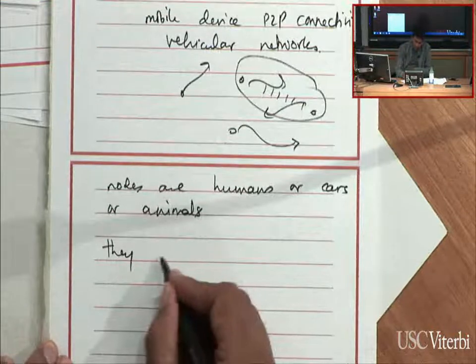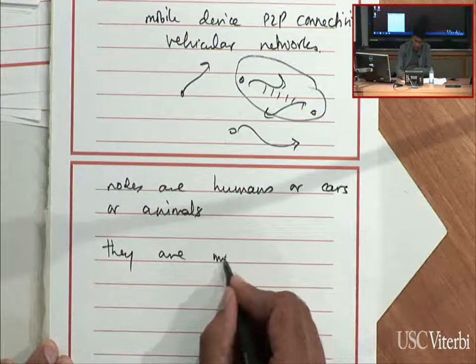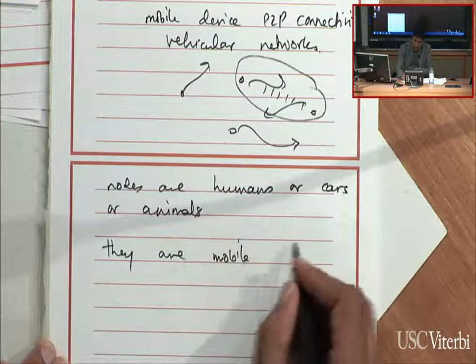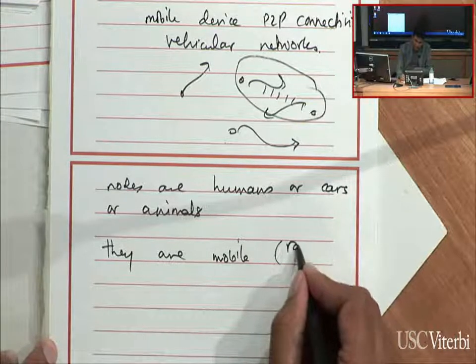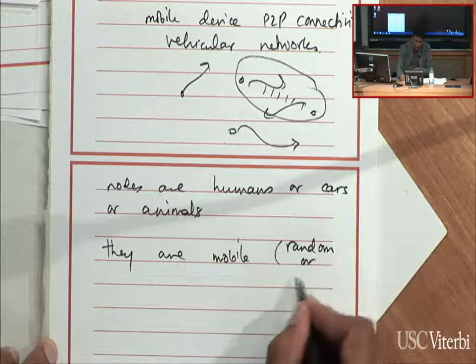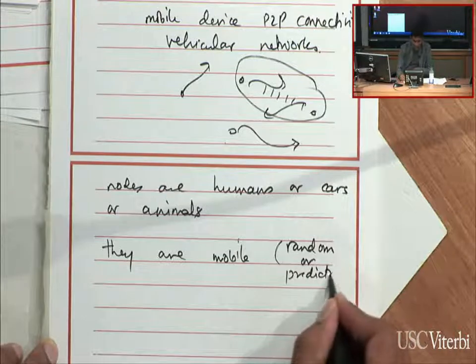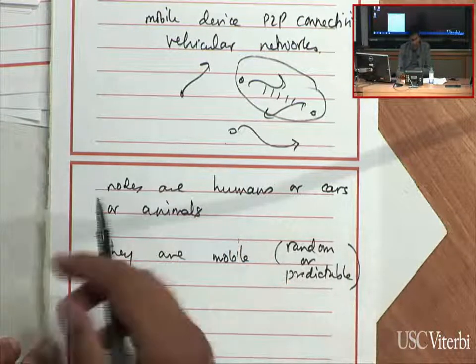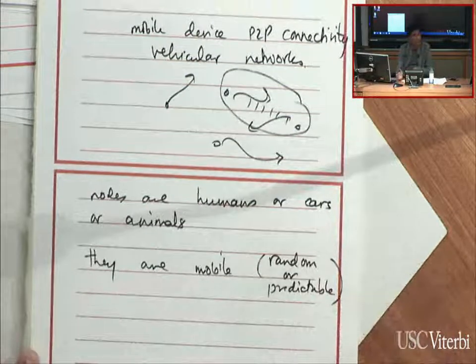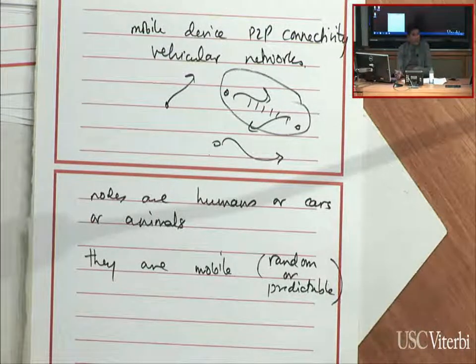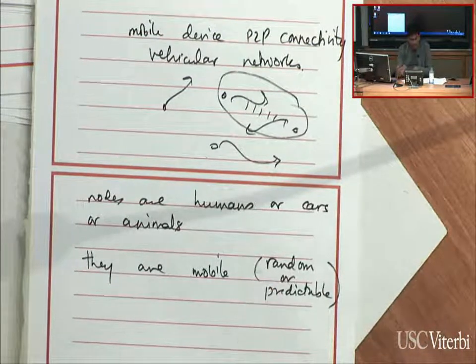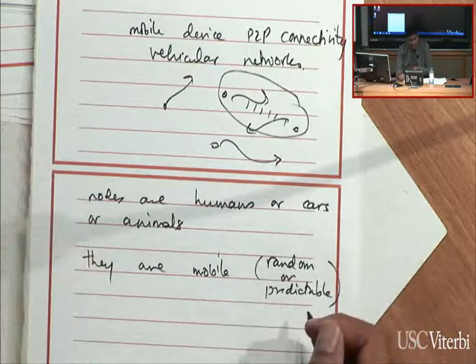okay, they are mobile, and their mobility might be quite random or predictable in some cases. So, for example, if they have some schedule for where they're going, they may be buses on a street, or trains on a train track, and you have a very specific idea of how they're moving, or they may be unpredictable and random.